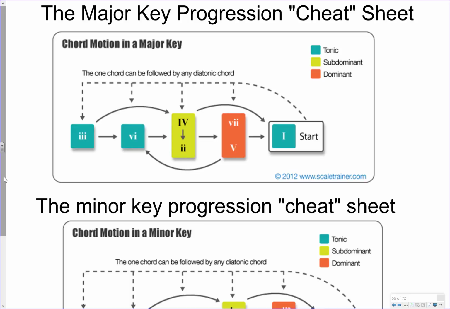And then from there, we have the option of going to the 7 or the 5. When you get to the 5 chord, let's say, and you wanted to extend your harmonic progression before you go back to 1, you could certainly do a 5 chord, then you could do a 5/6 chord in first inversion to extend it before heading back to 1.